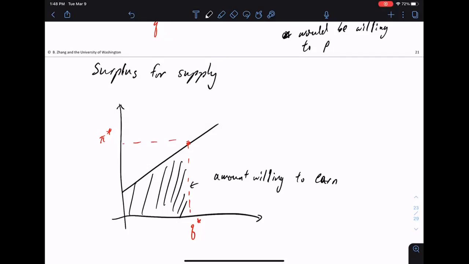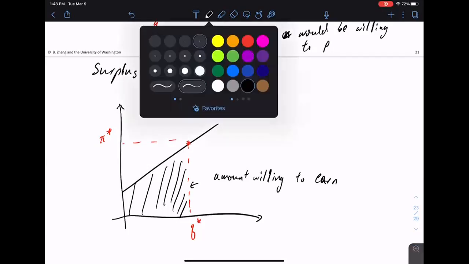The area under the curve is again a break-even point for the supply. This is the amount of money you need to make this much stuff. At this point, you make no profit, but you make no loss. So this is break-even for you. But then you actually get paid this rectangle, that's Q star times pi star.